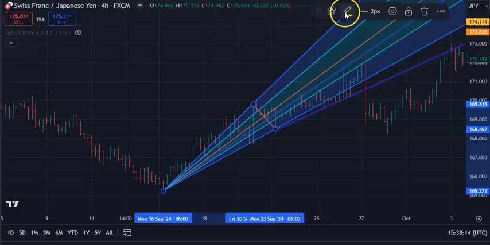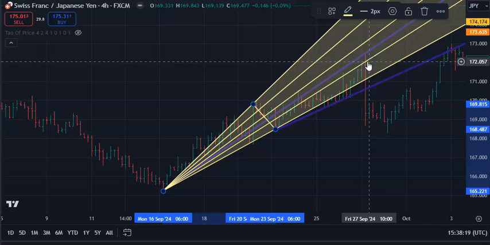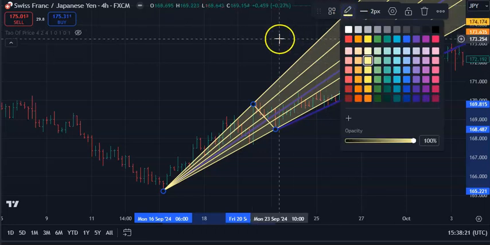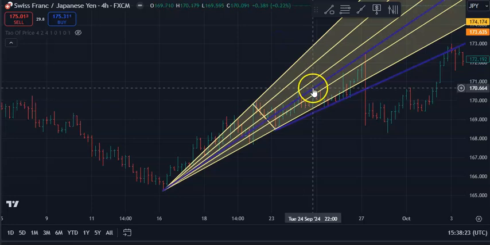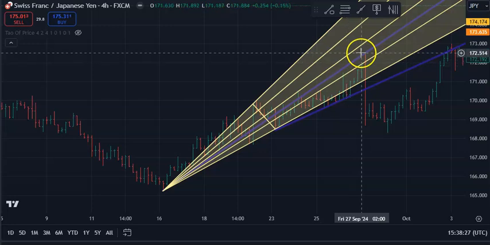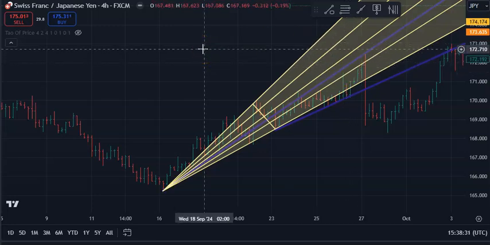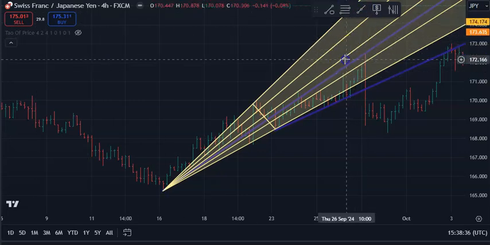Let's see if I can change the colors of this thing. Oh, that changed the color of the whole thing. But anyway, right here is your meridian line. The market didn't really touch it, but this is my purple line. So it's very similar to pitchfork analysis, but let's get rid of this thing. We don't need it.